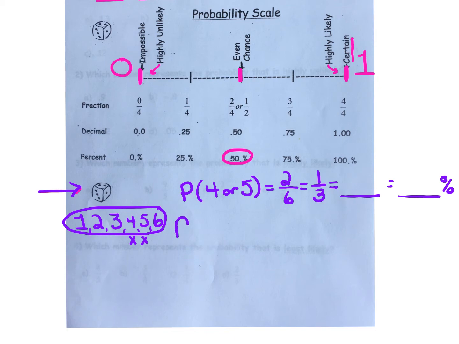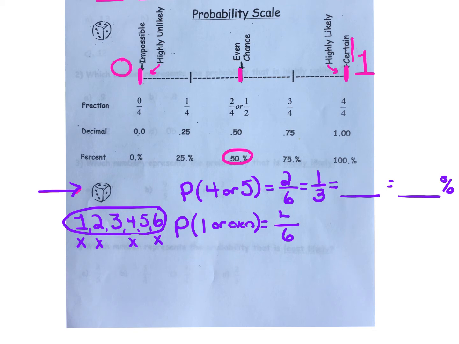Now, let's try another one. What's the probability of rolling a 1 or an even number? Well, we still have 6 possible outcomes. If we look at our pool of elements, 1 would be considered a success, and then any even number, like a 2, 4, or 6.